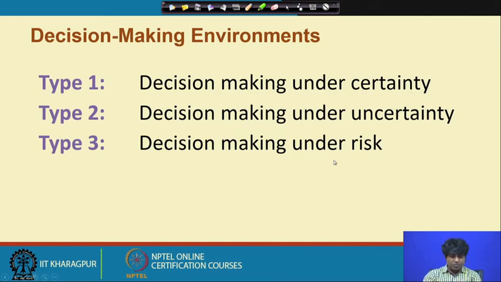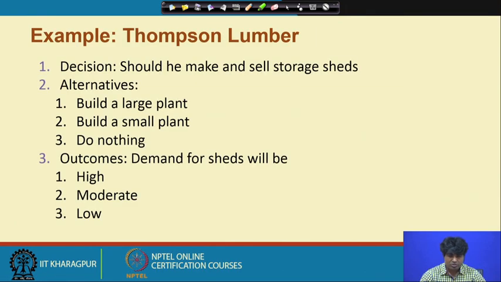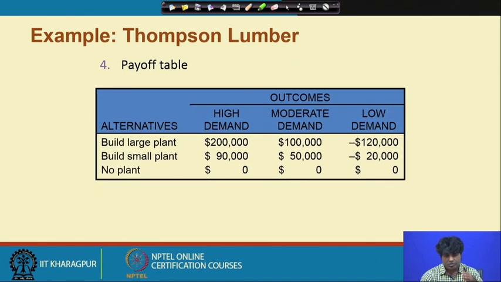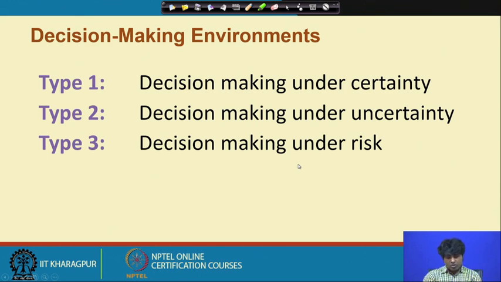This decision making environment, as I mentioned, has 5 different steps, and all the steps can be highlighted through these payoff tables. The payoff tables indicate the possible alternatives for the particular business problem. Then a particular option needs to be selected to address the business problem and come up with a management decision. So, so far as the payoff matrix is concerned for this problem, we can have any one, but what is the typical decision making process?